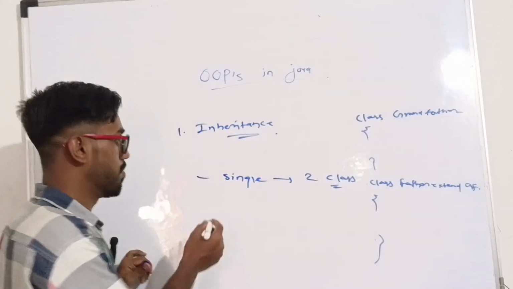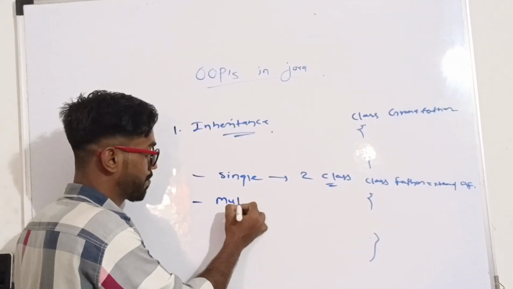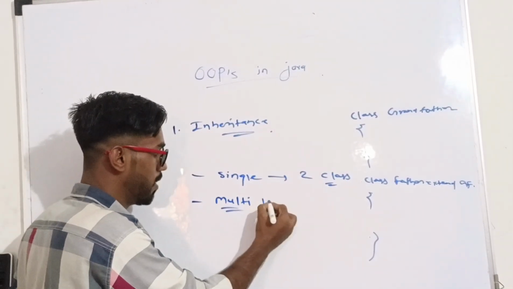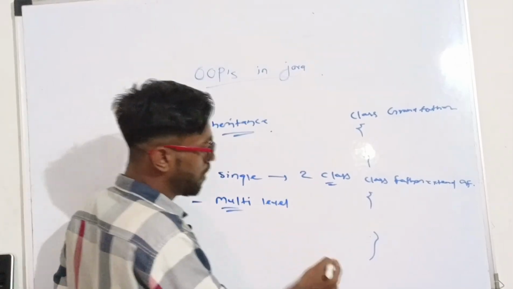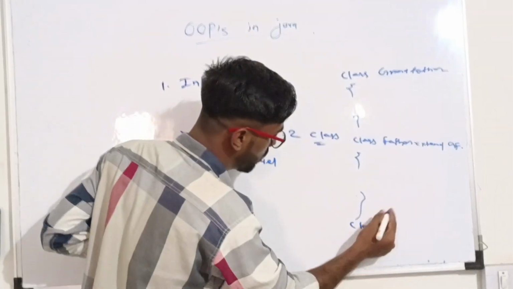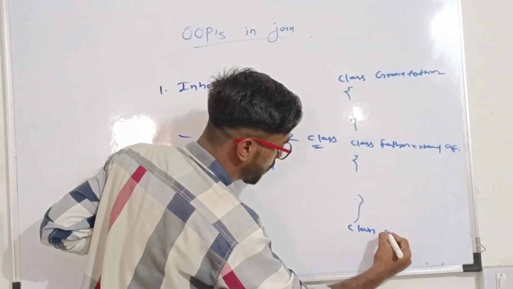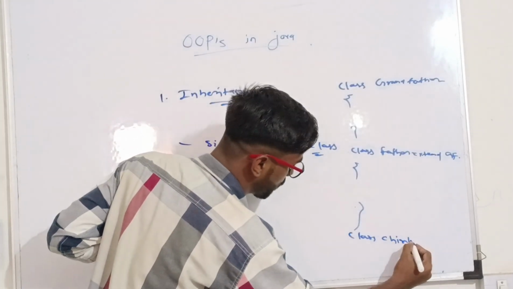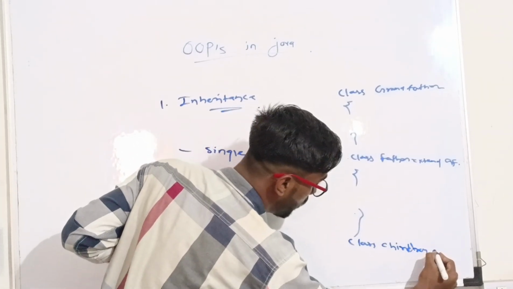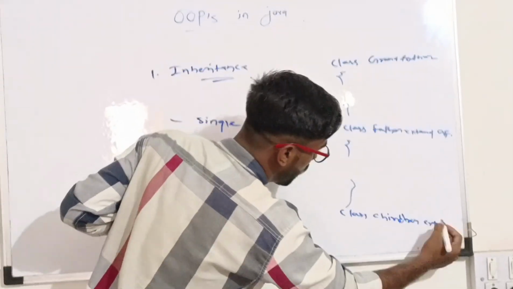There is another concept, multi-level, not multiple, multi-level. In multi-level there are three classes. Assume three classes: first one grandfather, second one father, and third one children. So children will extend the father.